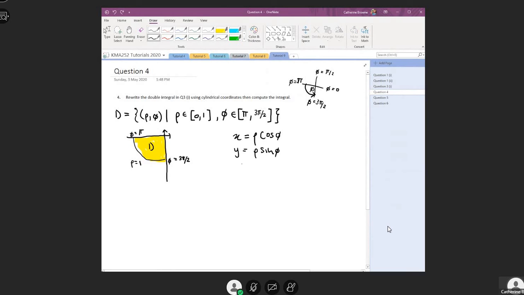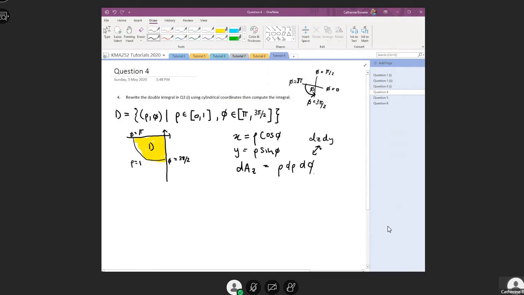And so in cylindrical coordinates, z here is actually, we're just in a plane of z, so z is a constant here. So we get that dA is going to be equal to rho d rho d phi here. So that's what we replace sort of the dx dy with.